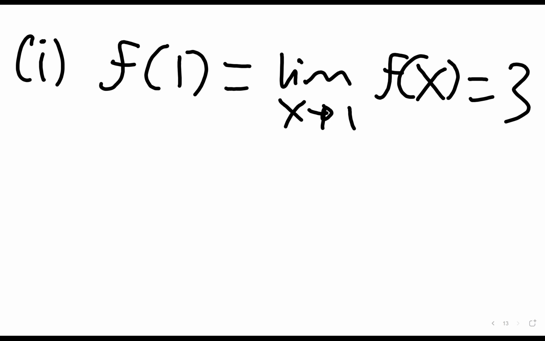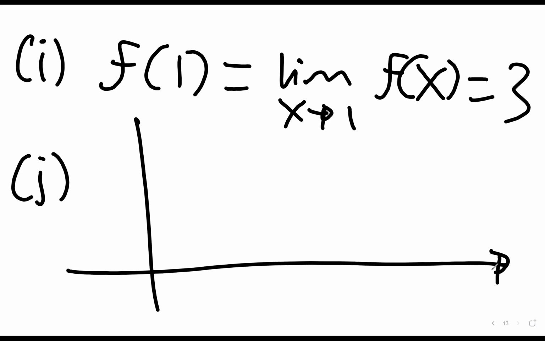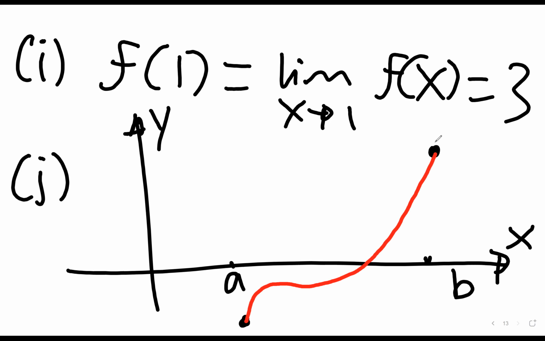It's quite intuitive, because if I consider the graph of f on the interval [a, b], suppose f(a) is negative and f(b) is positive, then if I want to draw a continuous function, namely draw the graph without removing the pen, then at a certain point our graph should intersect the x-axis.